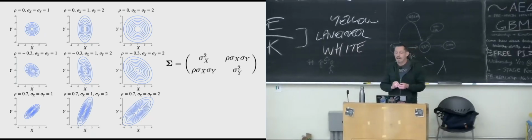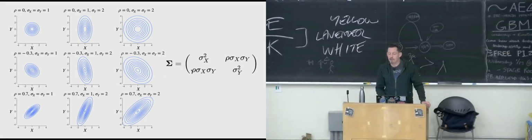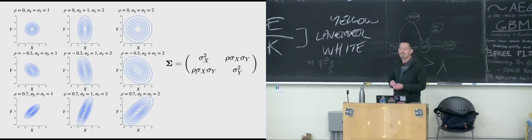So if we have, again, this covariance matrix, which on the diagonals is, for 2D, we have x and y, right? So this is the variance in x and the variance in y. And this part is the correlation. That's what that row is, the correlation between x and y.